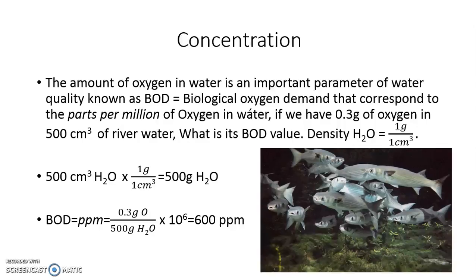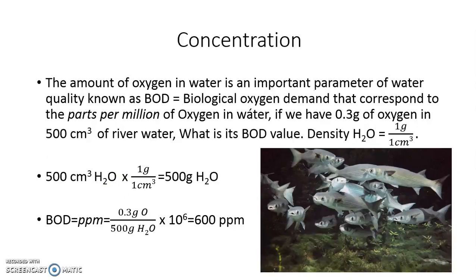That means that if we have 1 cubic centimeter, or 1 milliliter that is the same, it will weigh 1 gram. And so having 500 cubic centimeters of water means that we have 500 grams of water, making this conversion factor.